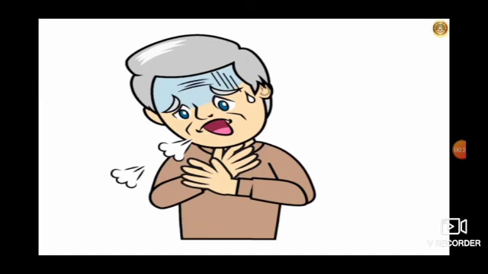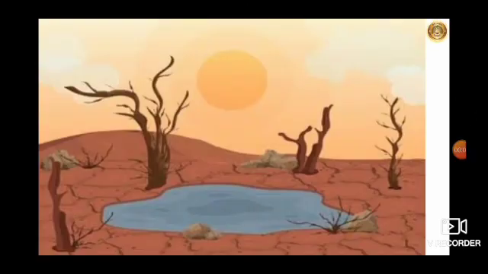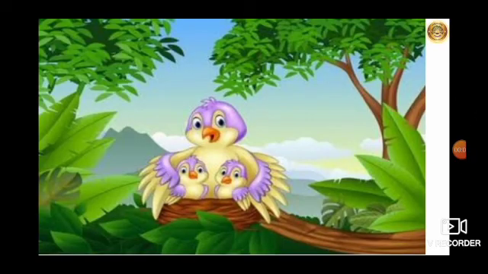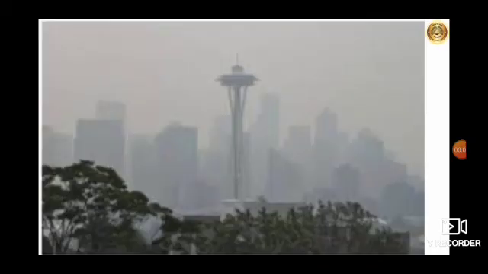So, as a result, people began to have breathing problems. Instances of asthma and other lung disorders began to increase. Trees have been banished from the cities, so birds do not find places to build their nests. They also find the smoke in the city air troublesome.